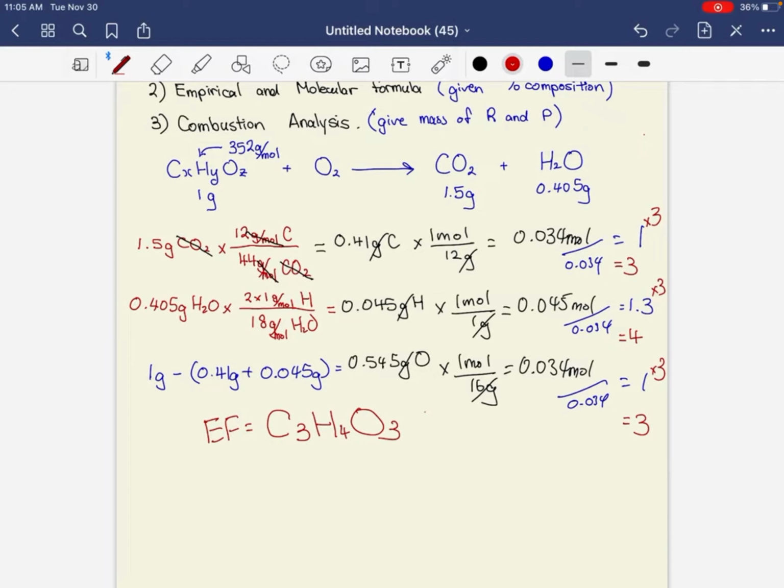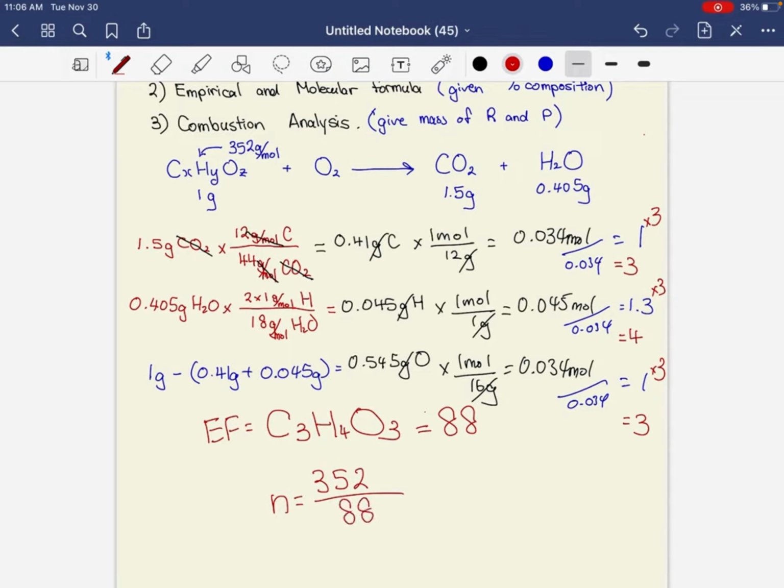Now, as I said, this is not the real formula. This is EF, the empirical formula. This is the reduced form of what it really is. Now we need to find N. Take the molar mass, which is 352, that was given, and divide that by the empirical molar mass. Let me figure out what this is. 3 times 12 plus 4 plus 3 times 16, that's 88.